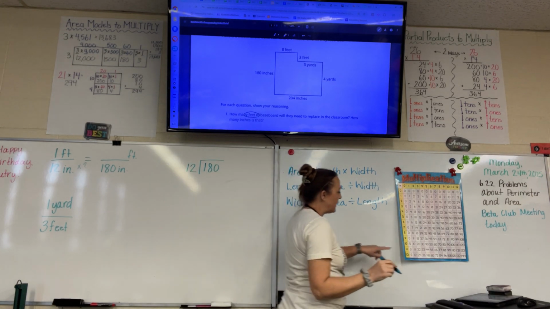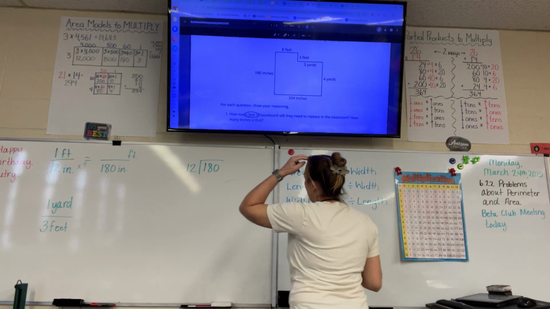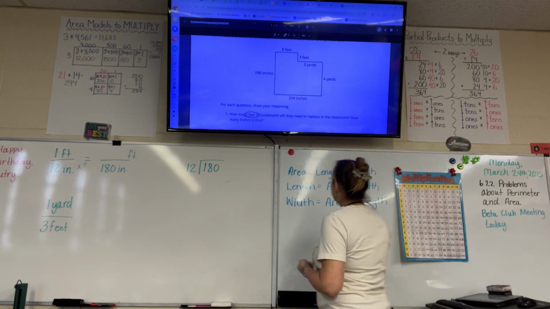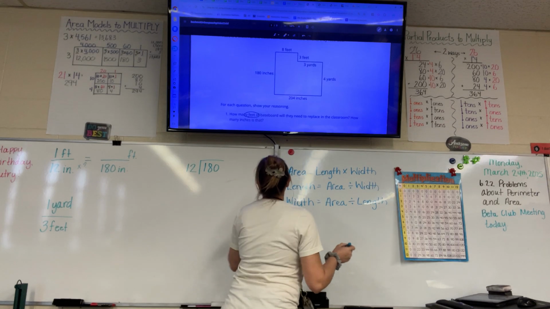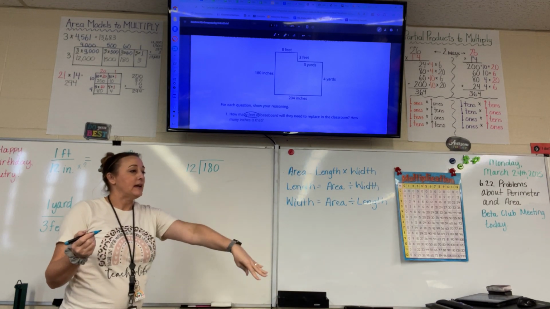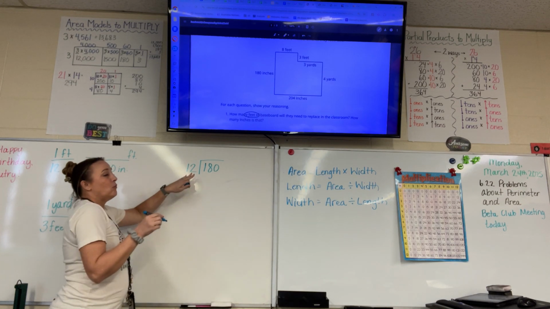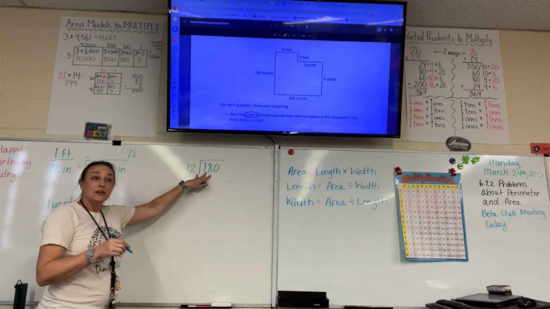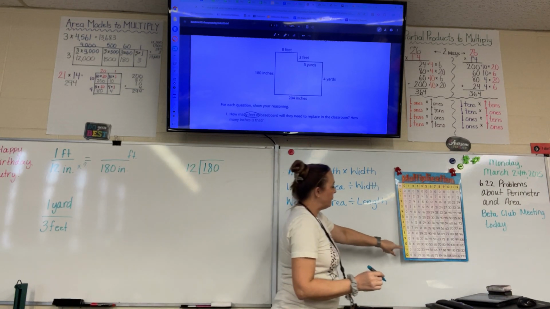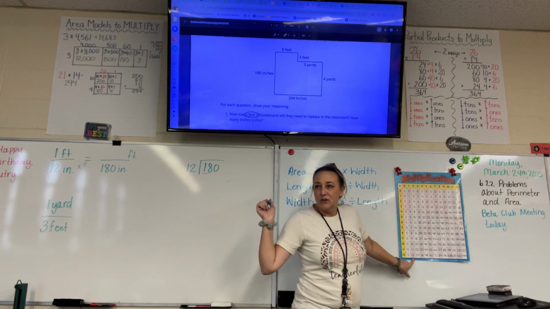Okay, so what row are we going to use? The 12 row. The first thing I'm going to take away is going to be 120. If you still have trouble figuring out what numbers to subtract here, look at the first 2 numbers and go over here to the 12th row and find a number that's smaller than those first 2 numbers.